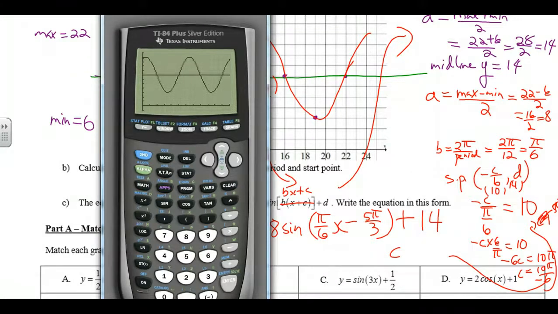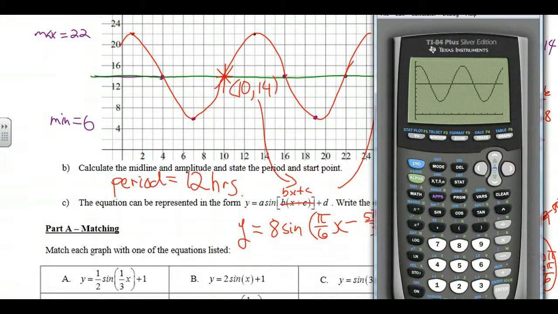So then these graphs should match. Now you could figure this out by seeing, is that 10, 14? I sure hope so. Yeah, okay. So there you go. Nice exact match.